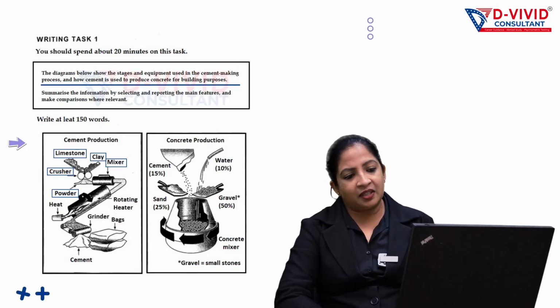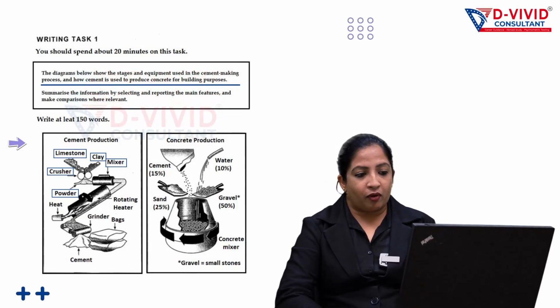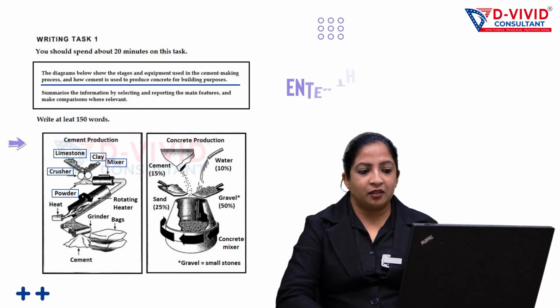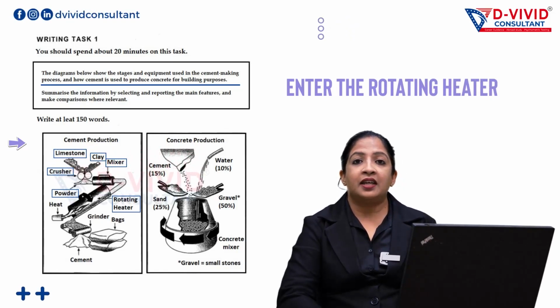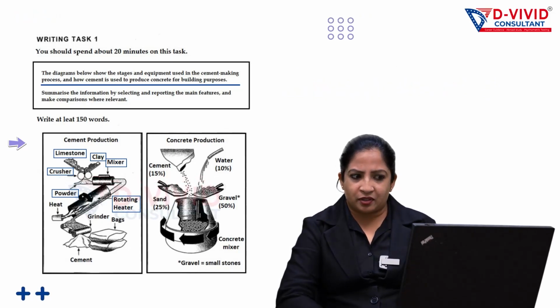And from the mixer it is taken to another step, or I can say the third step, where it enters the rotating heater, and from the other end heat is provided to this raw material.